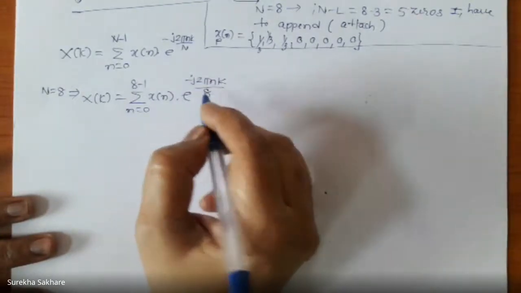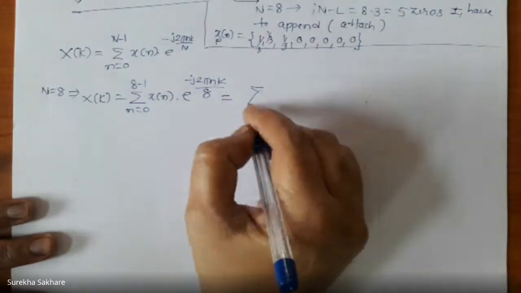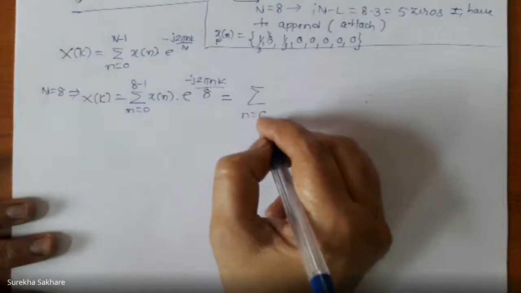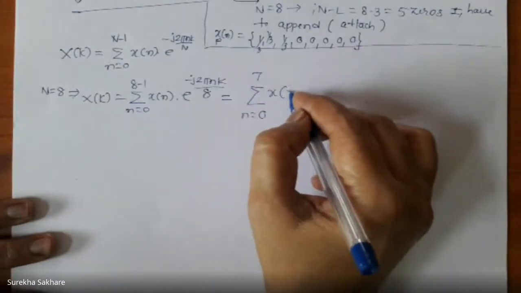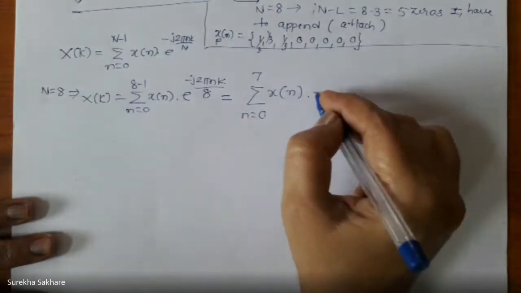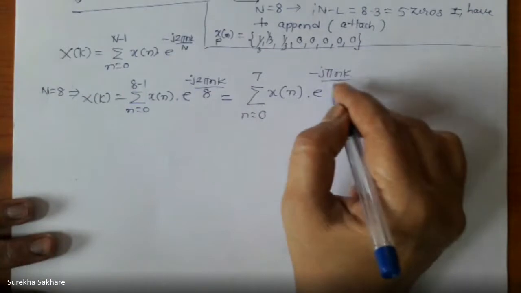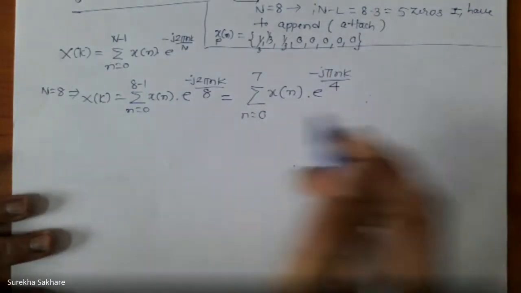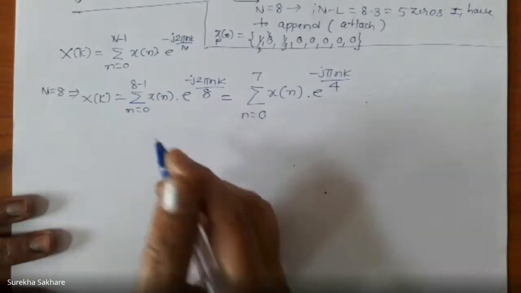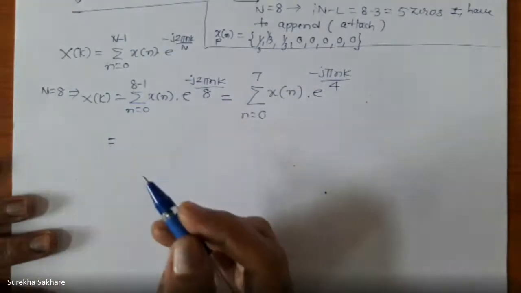So this will give me n equal to 0 to 7 of x of n e raised to minus j pi nk by 4. Okay. Now what is left for me is to expand this. Now I have everything simplified here.